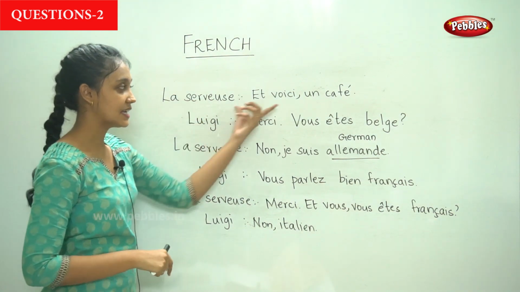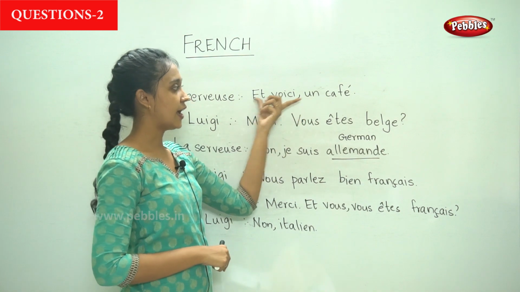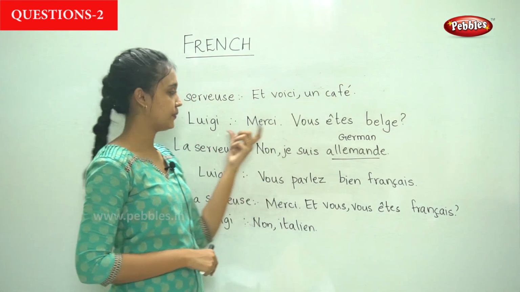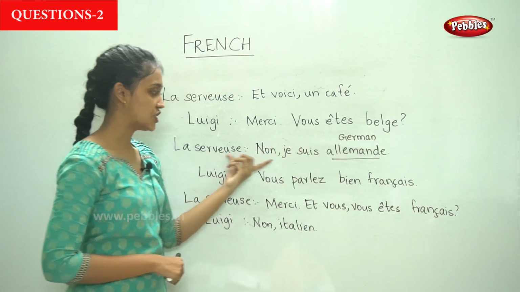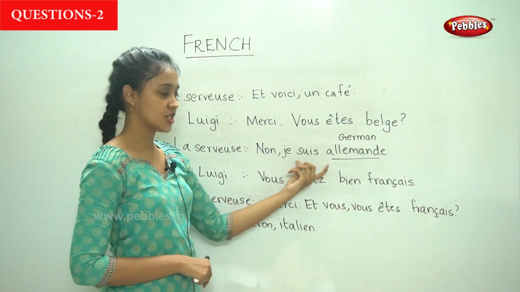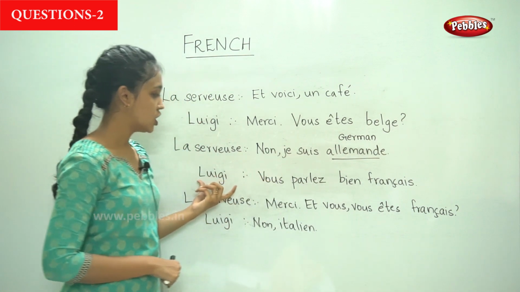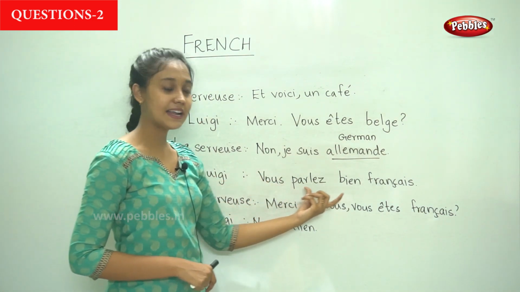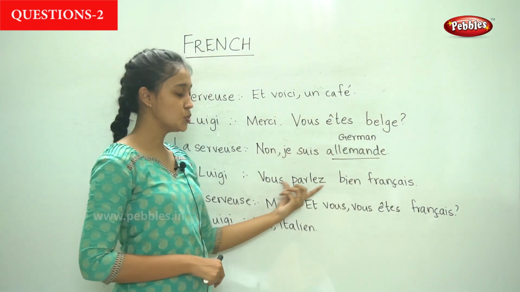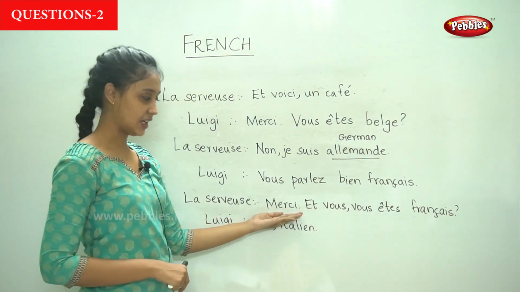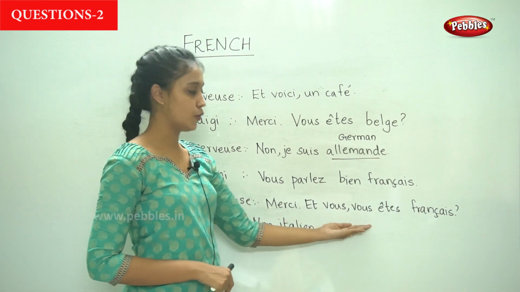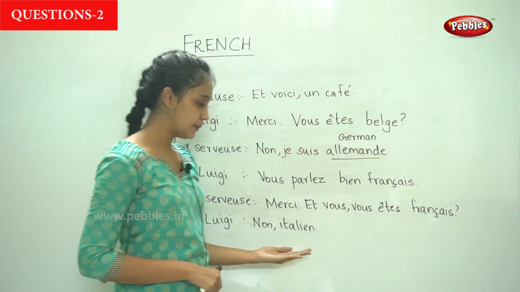So she gives him his coffee. Et voici un café. So he asks, vous êtes belge? And she says, non, je suis allemand. So he says, vous parlez bien français. You speak French well. So she says, thank you, merci. Et vous, vous êtes français?